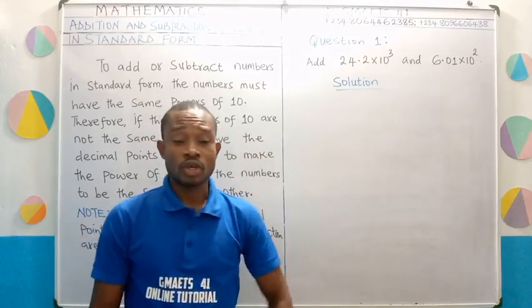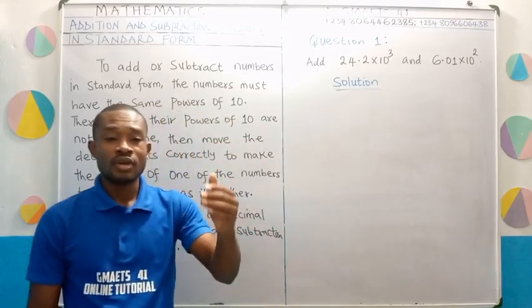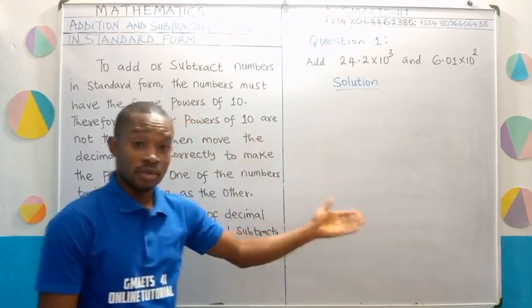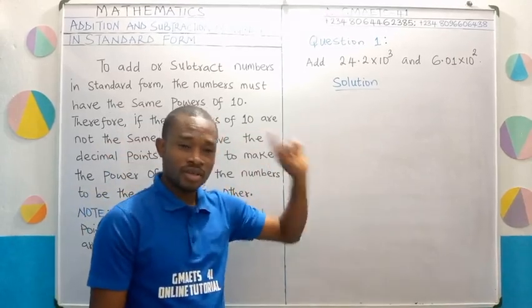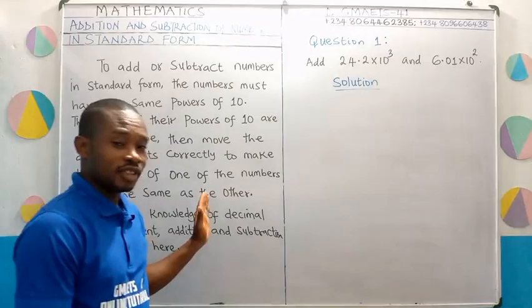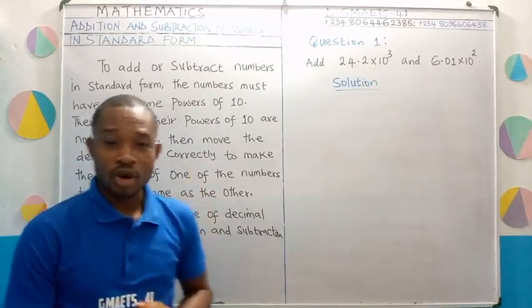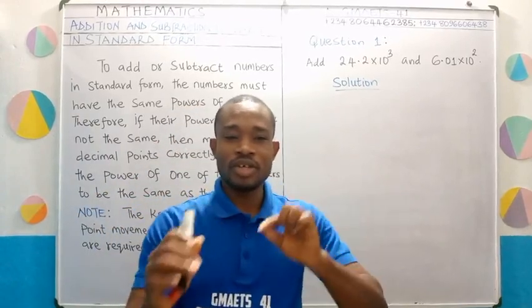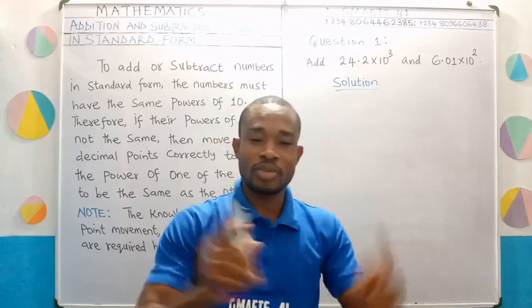In our last class, I taught you already how to move points and what will happen to the power of 10. If you're moving the decimal point to the right, you subtract from the power of 10. And if you're moving the decimal point to the left, you add to the power of what? 10. So that knowledge will help you to make the powers of 10 the same.